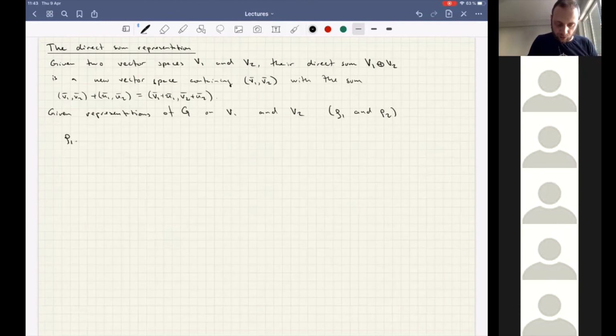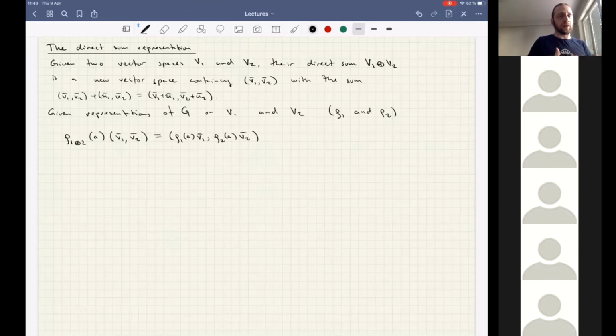We take ρ1 ⊕ ρ2, A acting on this type of element v1, v2, and define it as the individual representations ρ1 and ρ2 acting on the separate elements. So this would be ρ1, A acting on v1, ρ2, A acting on v2.